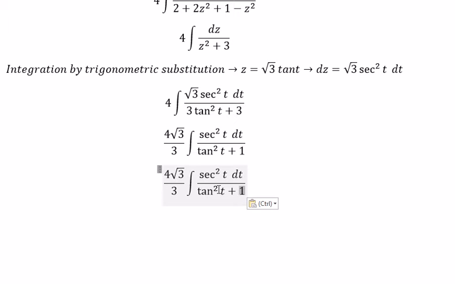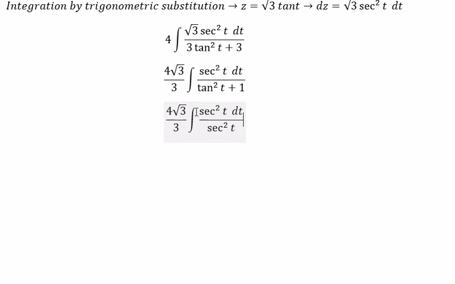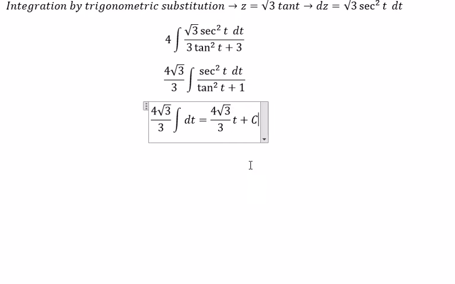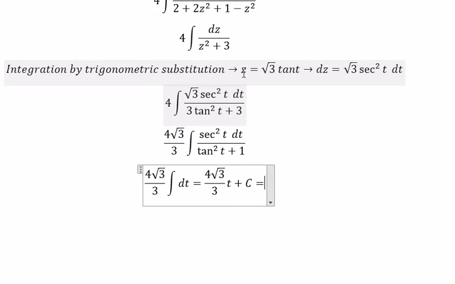We know this one is secant of t square. This one, they cancel. And we get this one multiplied with t plus c. About t, we need to change back for z.